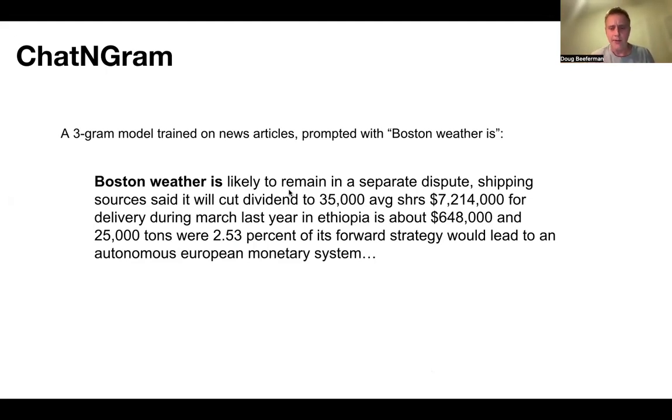Shipping sources said it will cut dividend to 35,000, and so on. As you can see, any 3-word window of this text is coherent. But beyond that, it starts to go off the rails. So "Boston weather is likely to remain" is actually on the right track. But then maybe because of the training data, it starts to talk about shipping and yields and all this financial stuff. Anyways, this is a case in point for why an n-gram model is not sufficient to give us the kinds of qualities that we want in language models.